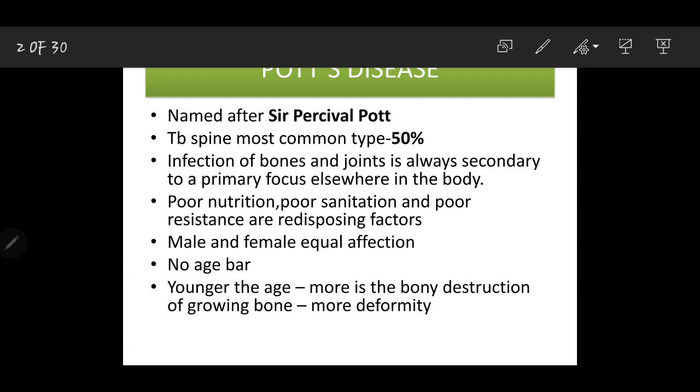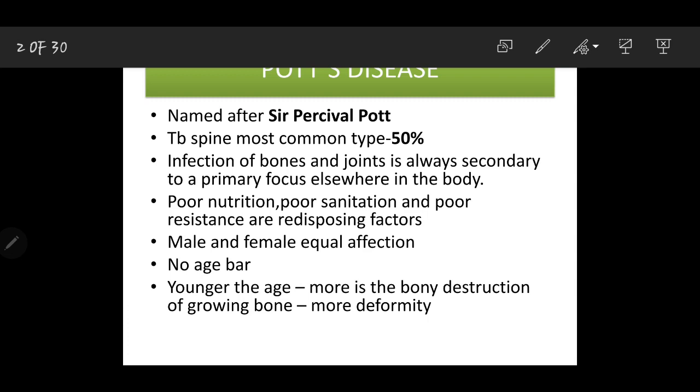Poor nutrition, poor sanitation and poor resistance are the predisposing factors. In this tuberculosis, there is no sex predilection. Males and females are affected equally, and of course there is no age which is resistant to this infection.